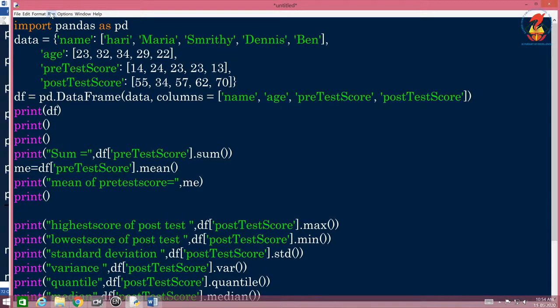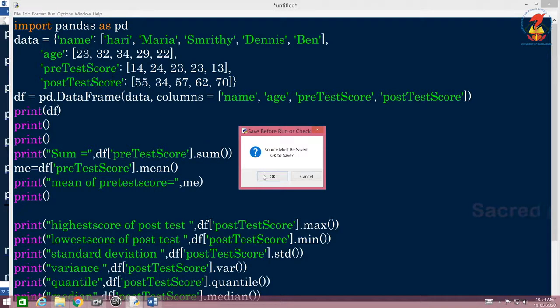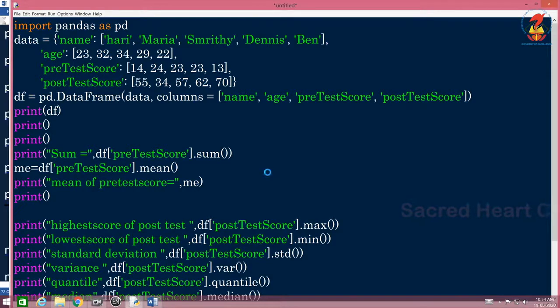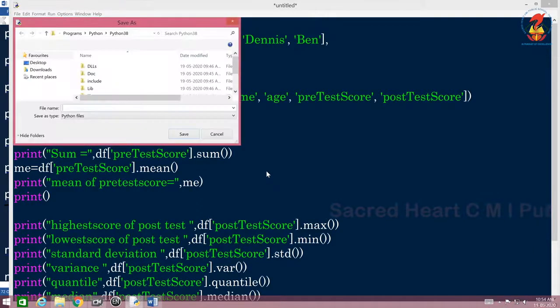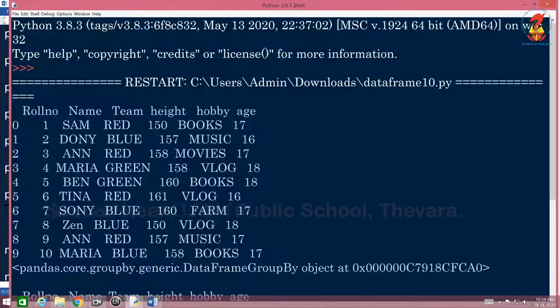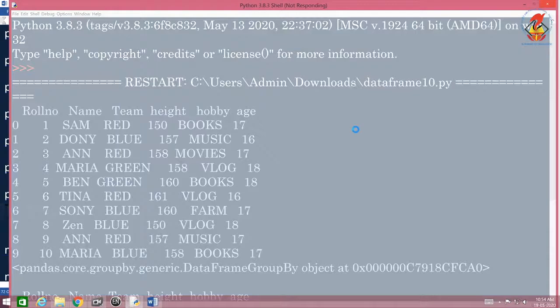and I am going to run the program. Then definitely you know what will happen. So I am going to write here stat.py. And a lot of examples have come.